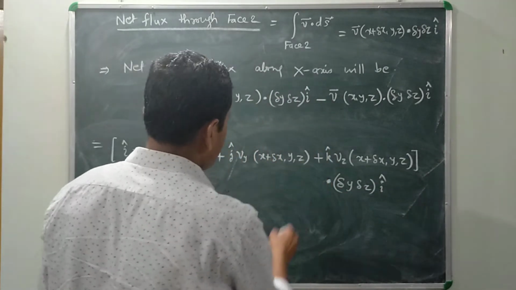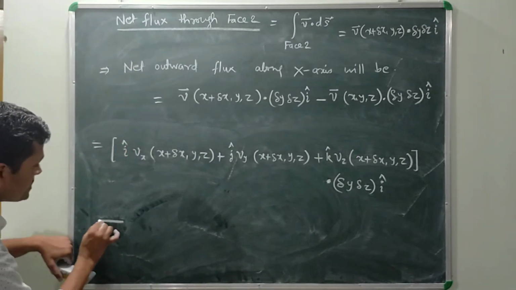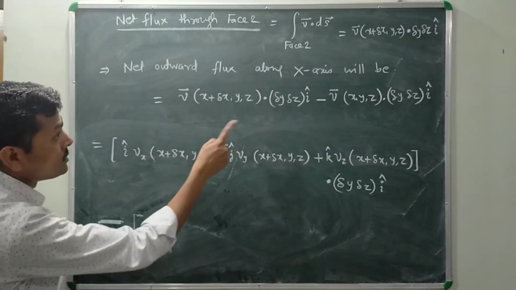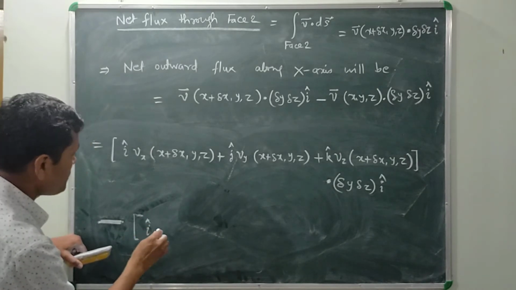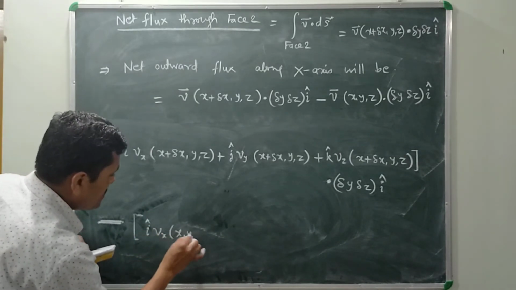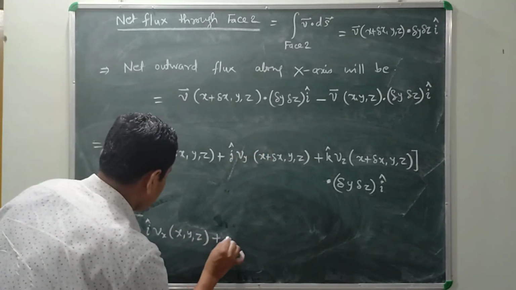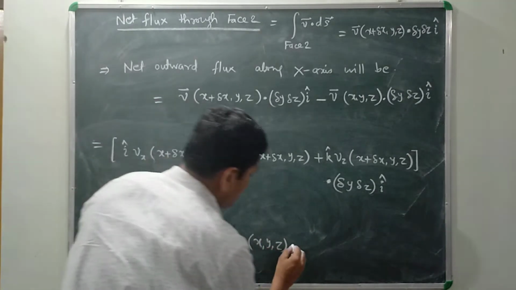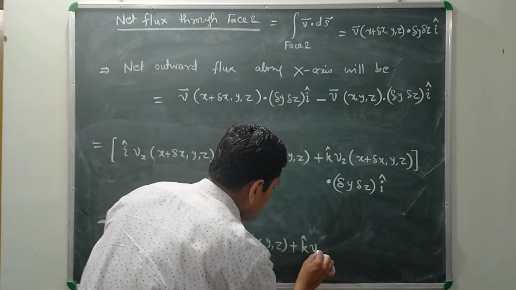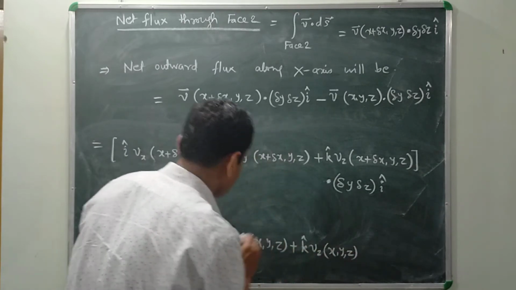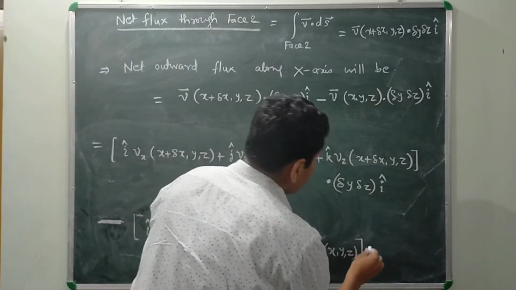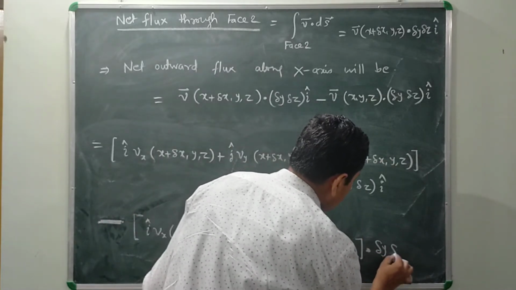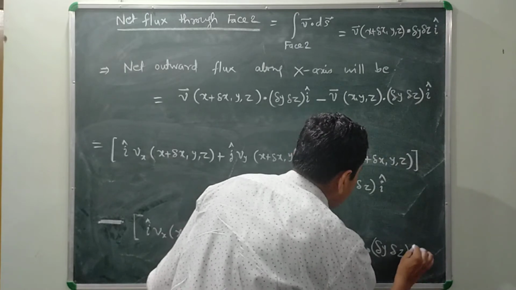This is your dot product. Then there is minus sign, and then i cap Vx as a function of (x, y, z) plus j cap Vy as a function of (x, y, z) plus k cap Vz as a function of (x, y, z). Then dot delta y delta z i cap.